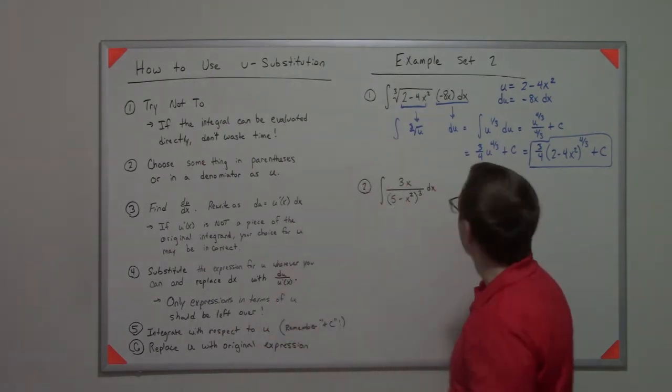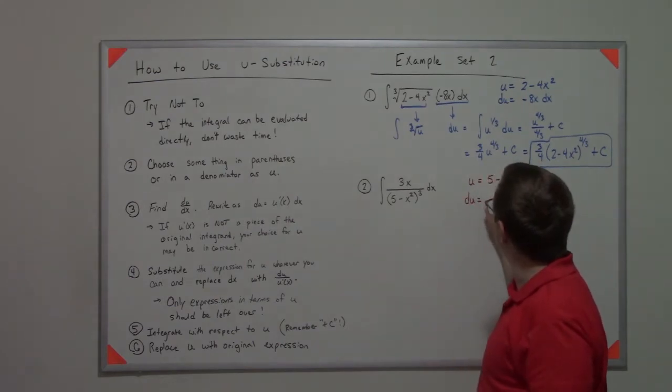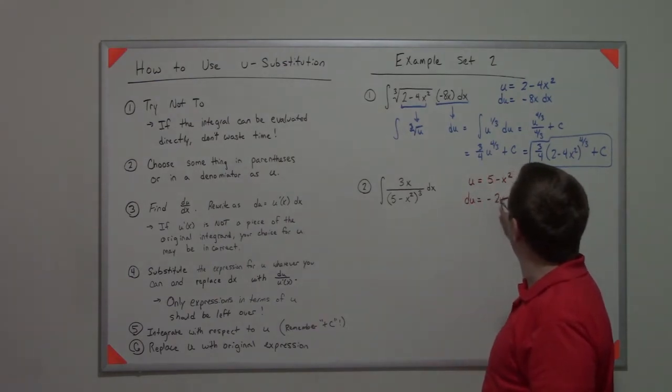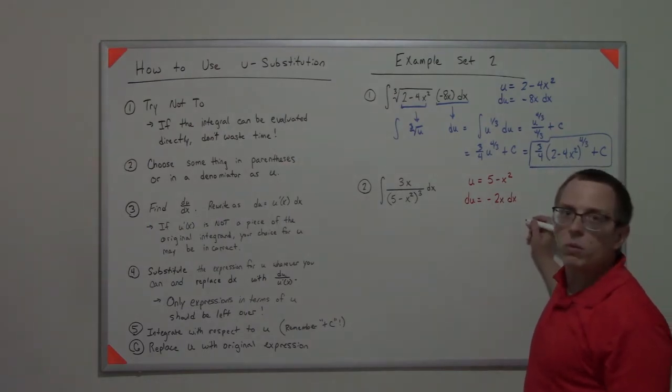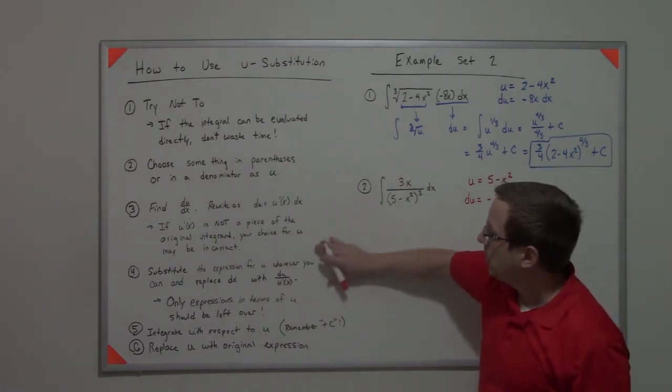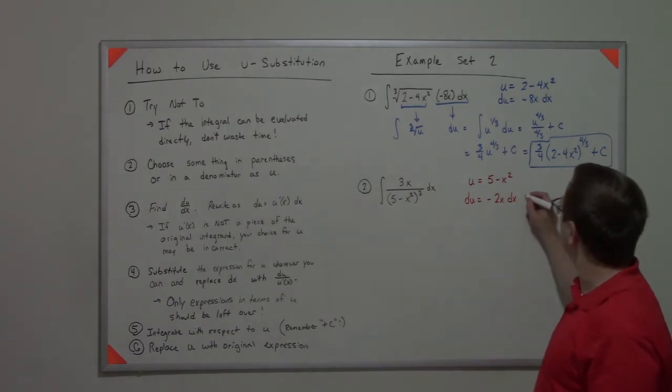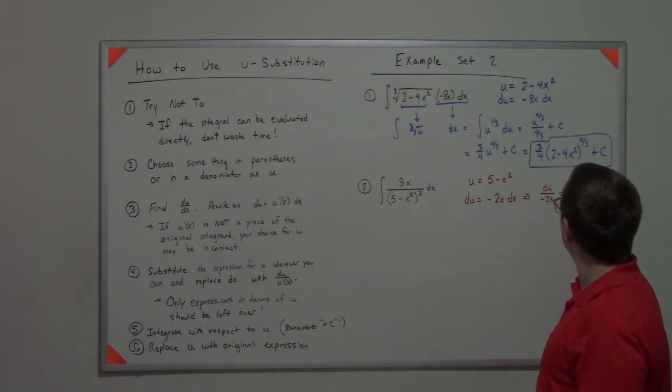So the next piece, we're going to find the derivative. It's negative 2x dx. So I'm going to rewrite that as du over negative 2x equals dx.